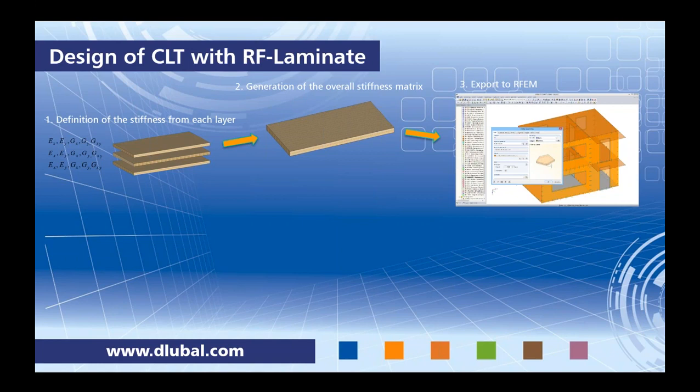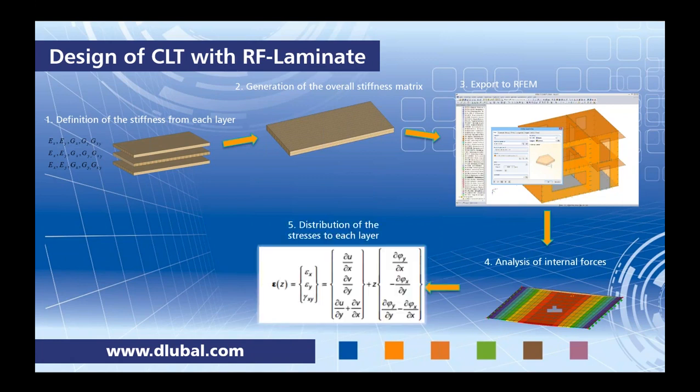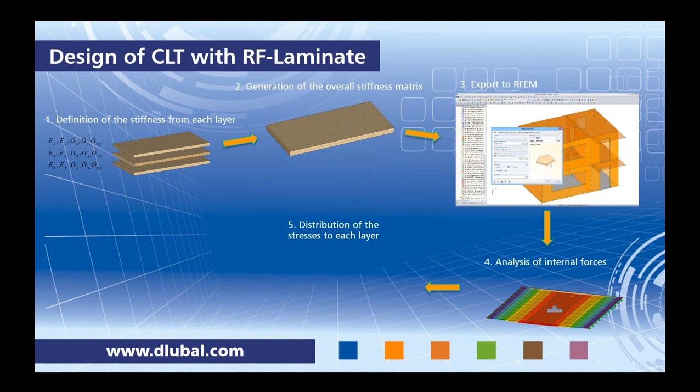So we now no longer have those concrete panels and floor panels and such, but rather we have the laminate panels with the correct stiffnesses. The program will run all of our load combinations based on ASD or LRFD and get all of the internal forces. Then it takes those internal forces back into RF-LAMINATE. It will distribute all of the stresses to each layer based on these differential equations here.